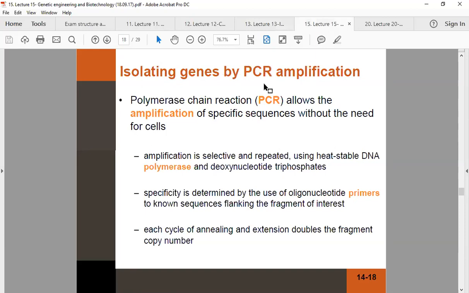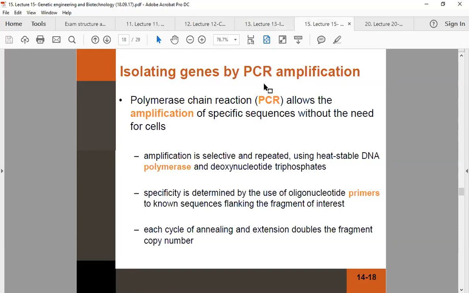So you could target any gene of interest within a collection of DNA fragments that you've extracted from your grapevine or from your horse or from your own blood cells, basically from any living organism or from a culture of bacteria or a culture of yeast. You've extracted all this DNA, but you're really interested in one particular gene from that genome. PCR is the way to go.